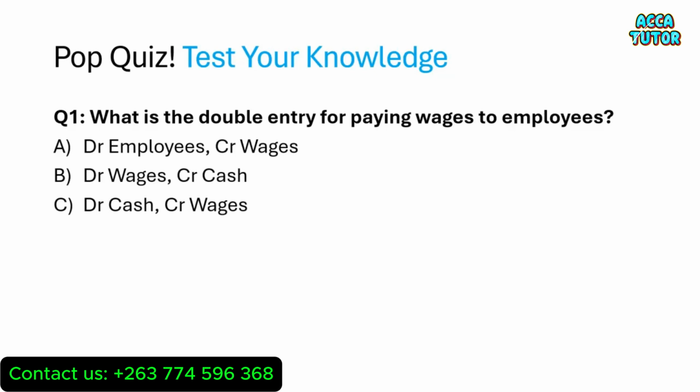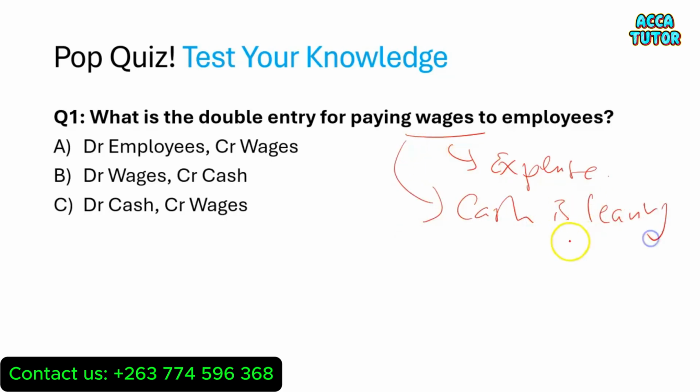What is the double entry for paying wages to employees? So we are paying wages, all right, to employees. So wages is an expense, all right, but we are also paying. So we are actually settling the expense with an asset where cash is leaving us.